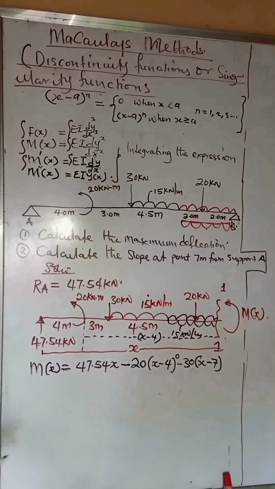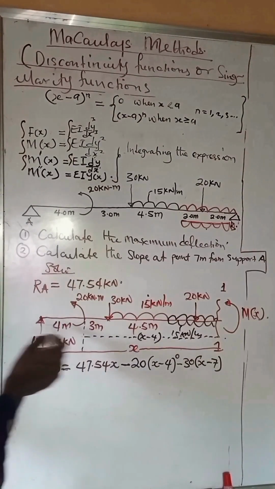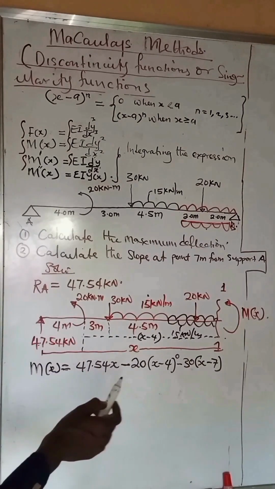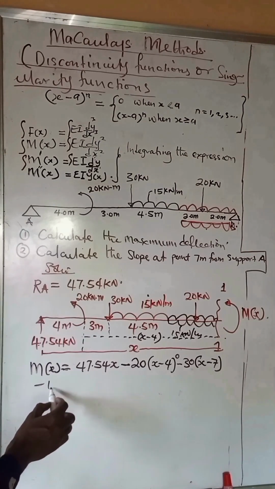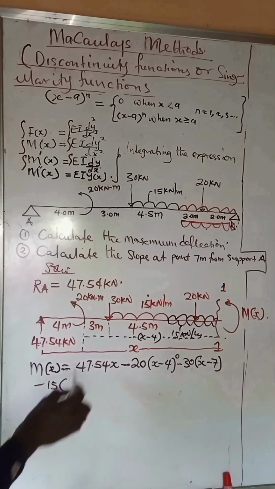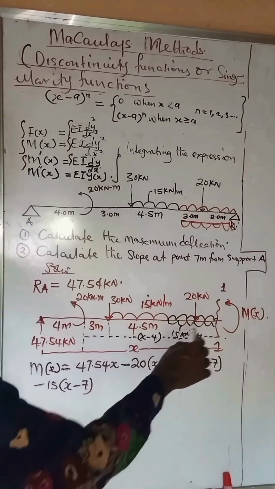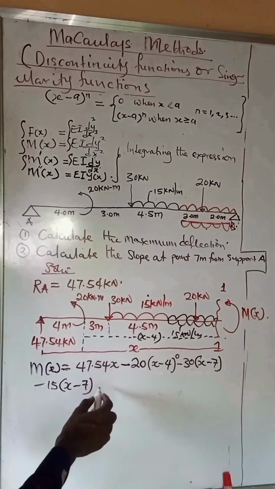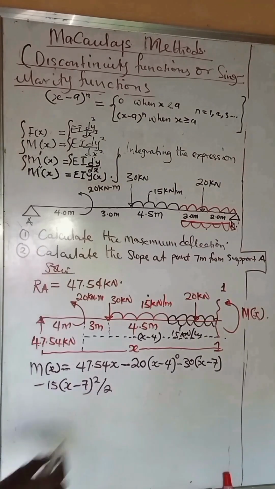Okay? Now let's take the UDL. Remember, we've already worked on the UDL. We've added another one here, so it will now be minus this distance. From here to this point is 7, so our UDL becomes minus 15 bracket x minus 7. The whole of this one becomes x minus 7. That is a load, load times square over 2.